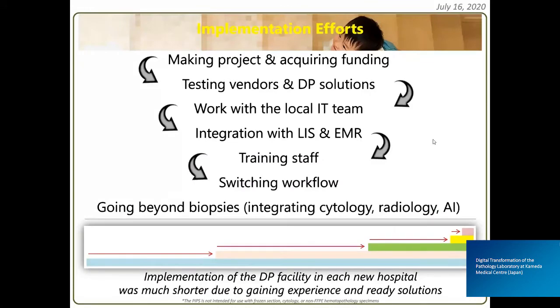Definitely, this is related to implementation, but each of these milestones required a sequence of actions, from making a project and acquiring funding to testing vendors and solutions, and working with the local IT team, which is very important to make possible the integration of your digital pathology solution with LIS and EMR.